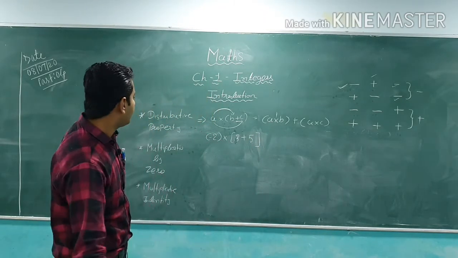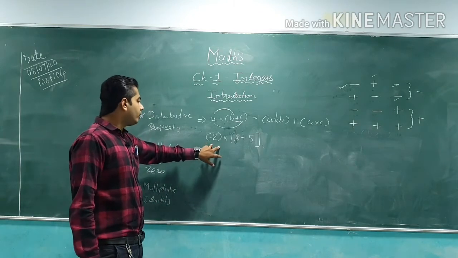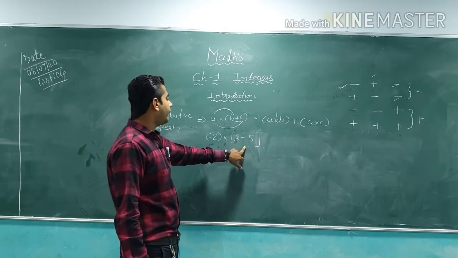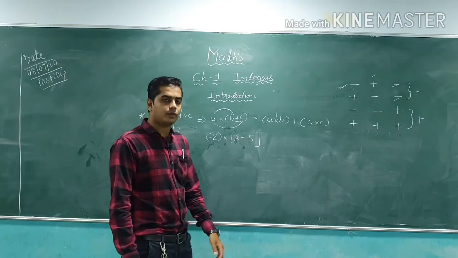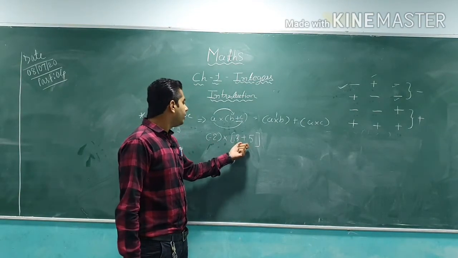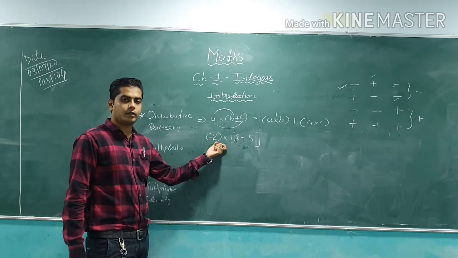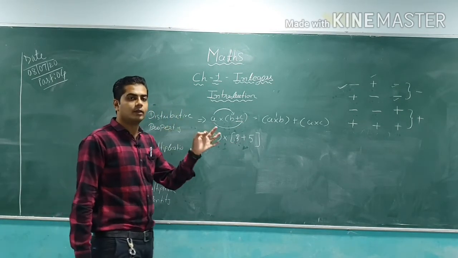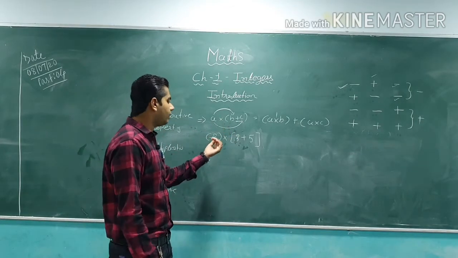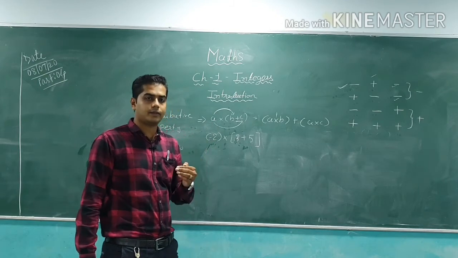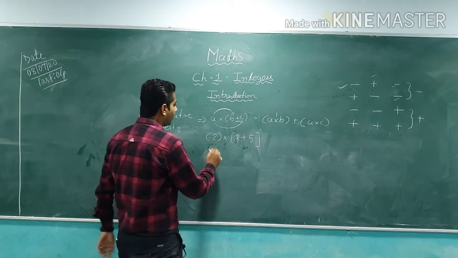So now here we have two operations, minus 2 multiplication and in the bracket addition 3 plus 5. So what should I do here? Directly do addition or first do multiplication? According to BODMAS, you know that we have to do first multiplication, then addition and subtraction.